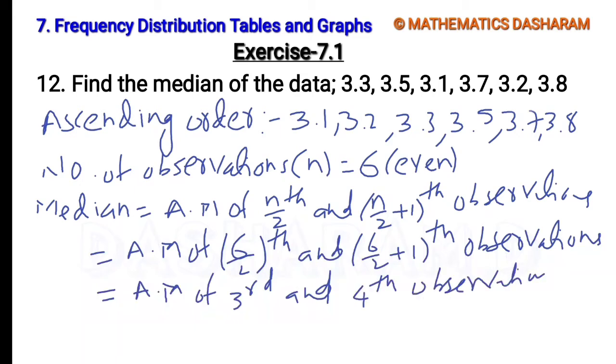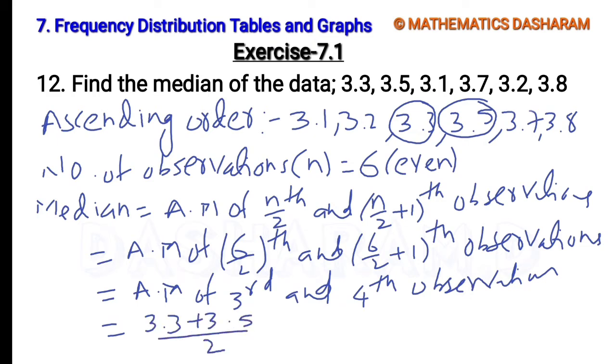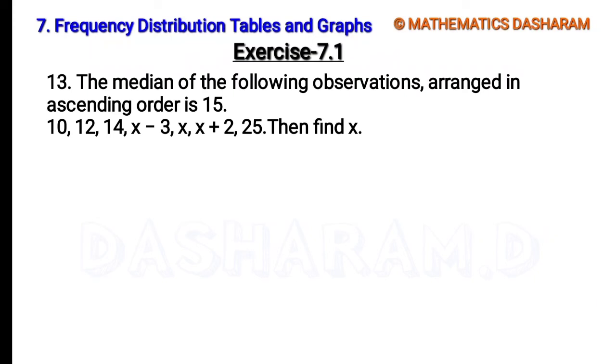In the ascending order, what is the third observation? 3.3, fourth observation 3.5, arithmetic mean. That means sum of observations divided by total number of observations. So 6.8 divided by 2: 2 ones are 2, 2 threes are 6, 2 fours are 8, that is 3.4. So the median answer is 3.4. Next, to the 13th problem.